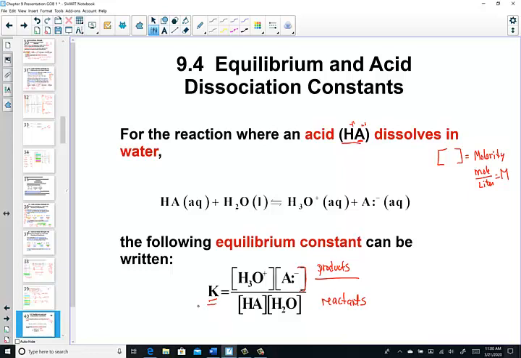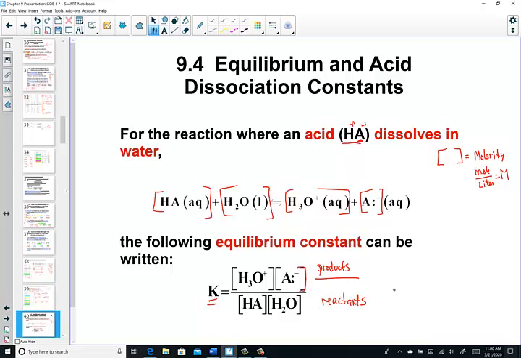The K is what we call the equilibrium constant, the ratio of the concentrations of products over the concentration of reactants. Here are the products, the aqueous ion, hydronium, times the aqueous ion of the negative conjugate base, all over the initial concentrations of those reactants.